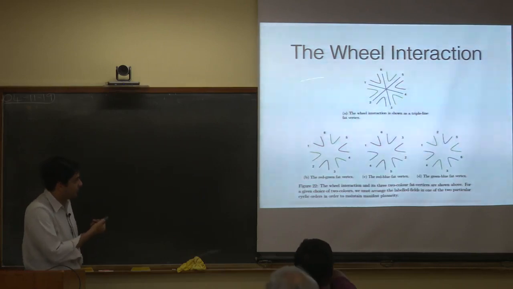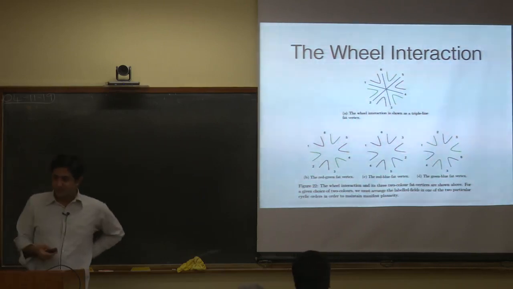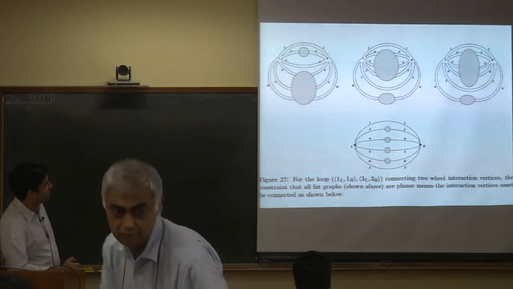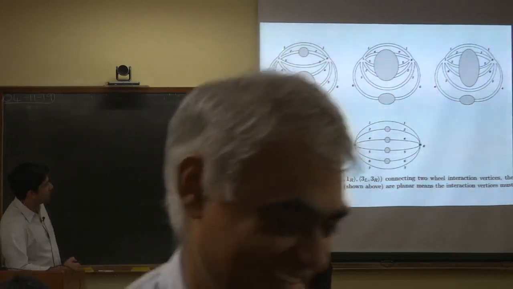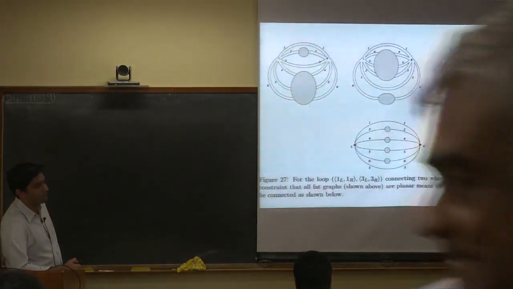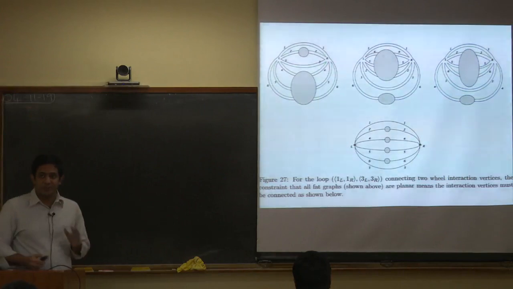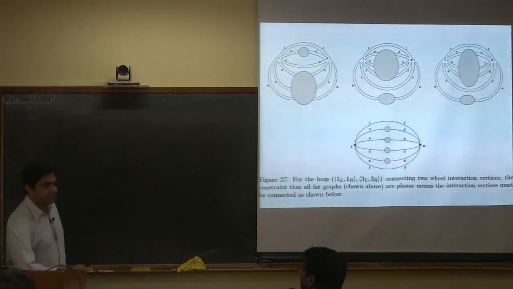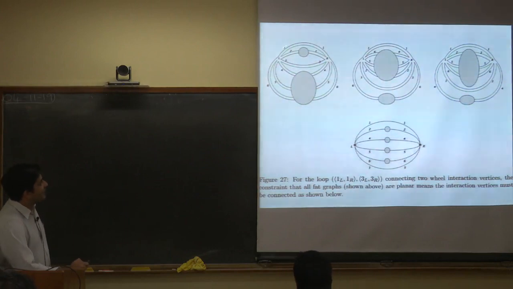Now we'll do this for the wheel interaction. I will not draw all the two cycles, let's just do two examples. This is a two cycle connecting line 1, 1 to line 3, 3. This splits up the graph into these three pieces.